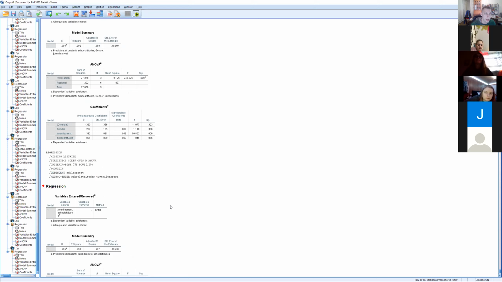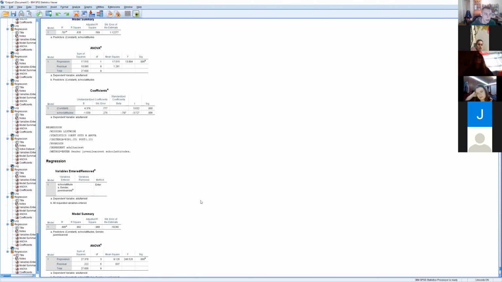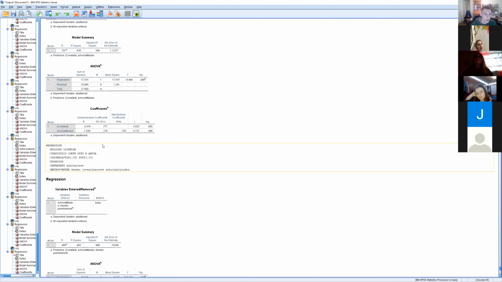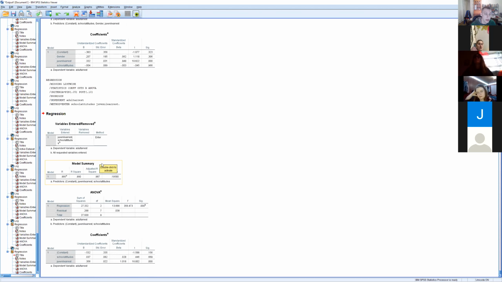It was originally, if I just scroll up here, a negative 1.03 when it was in there by itself. However, in a multiple regression, the effect is diminished to 0.037, and now it's no longer statistically significant. Juvenile arrest is statistically significant, and by far.